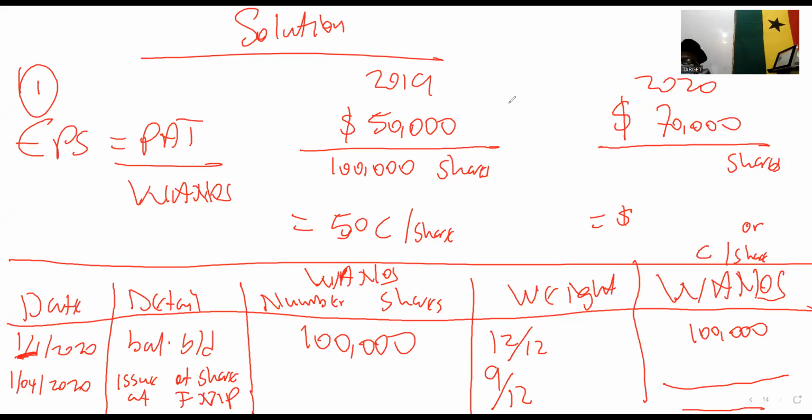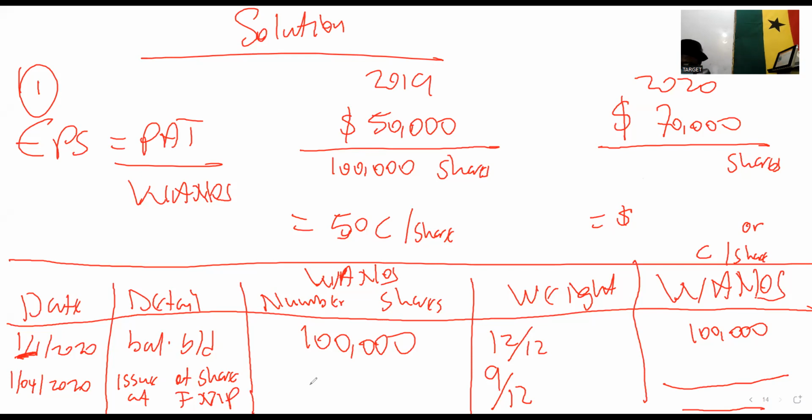So what do you get? Wow, 0.589 per share. It is right until the final marking scheme is reviewed. That is so correct until the final marking scheme is reviewed.